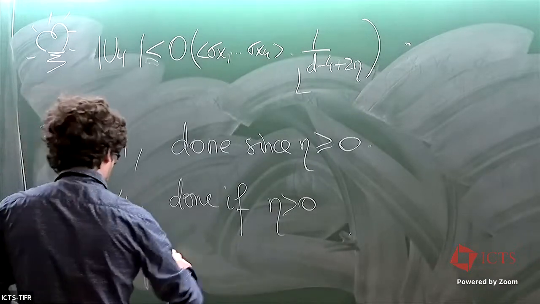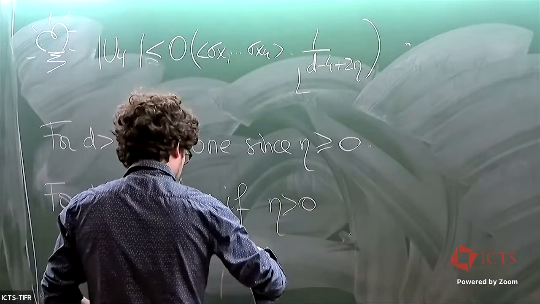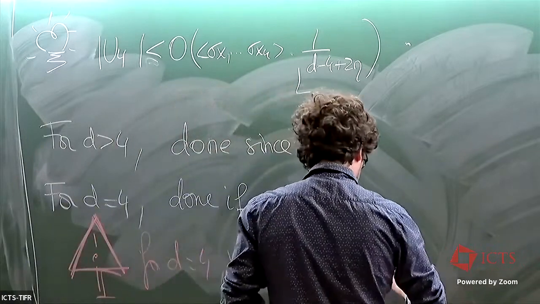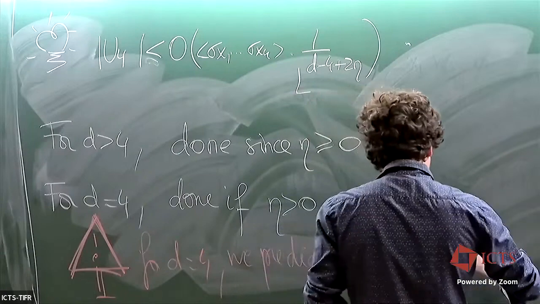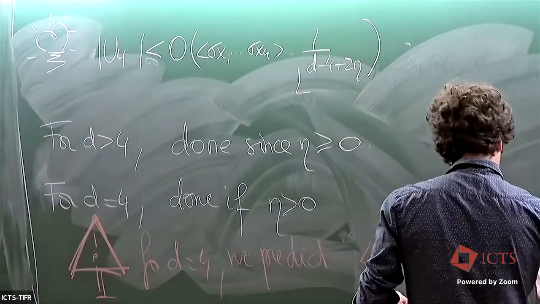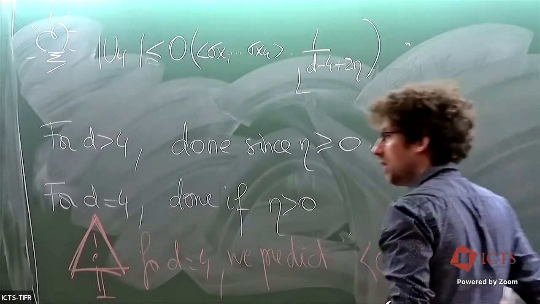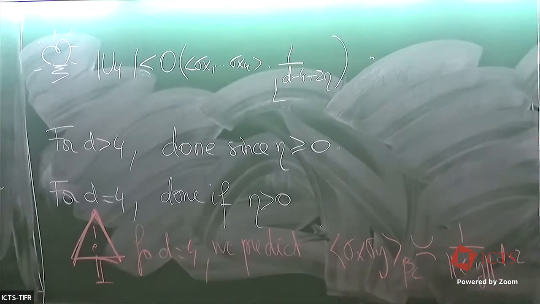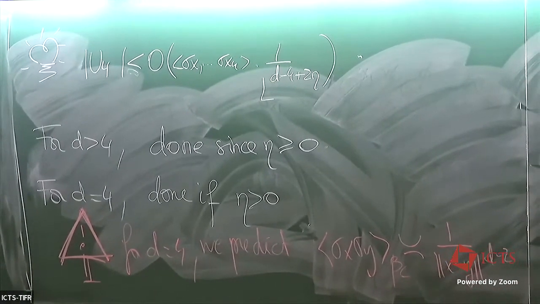For d equal 4, everybody predicts that sigma x, sigma y is of the order of 1 over distance to the d minus 2. So you cannot use just this bound to get you away from what you expect to be happening in dimension 4.